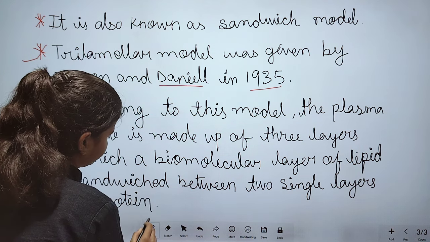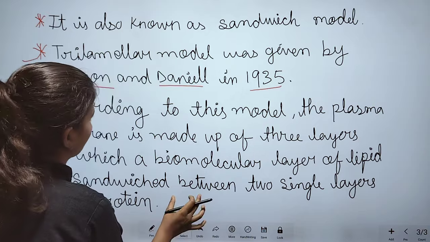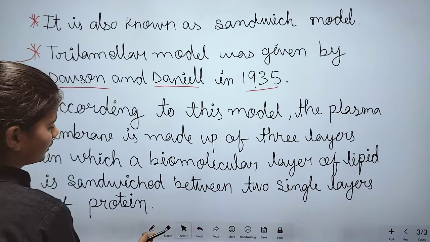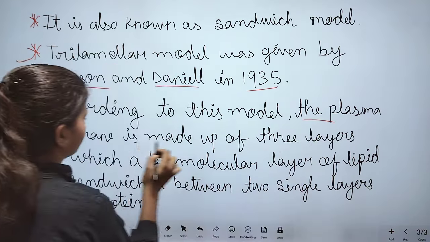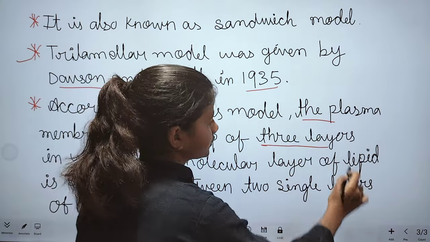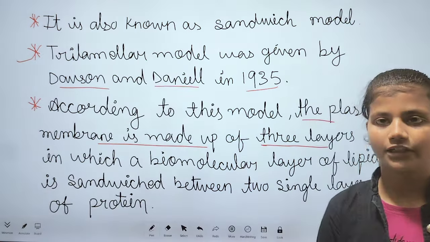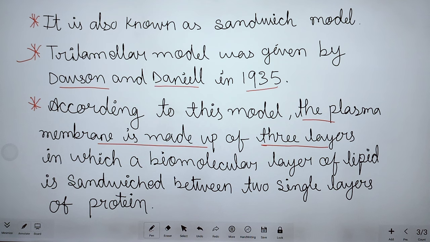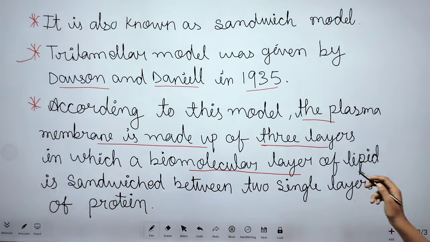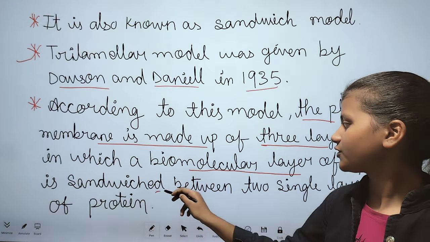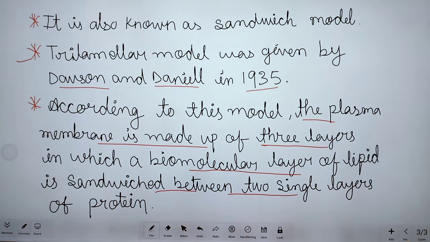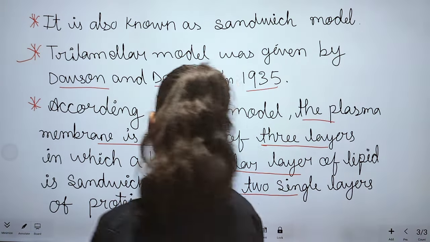Okay. According to the trilamellar model, the bimolecular layer of lipid is sandwiched between two single layers of protein. Okay, like this.